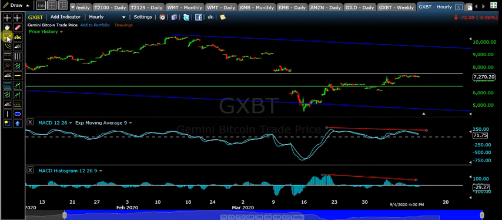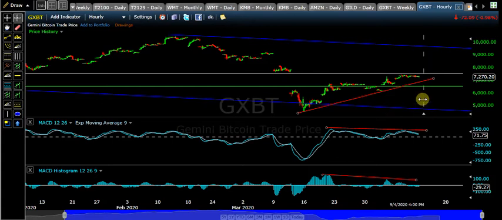So what this tells us is that if you take a look at this drop, it's quite a drastic drop, but then the recovery has been very slow. So this is pointing towards a weak recovery. I think that this is a correction rather than a new trend up. I don't think that Bitcoin has completed its correction.